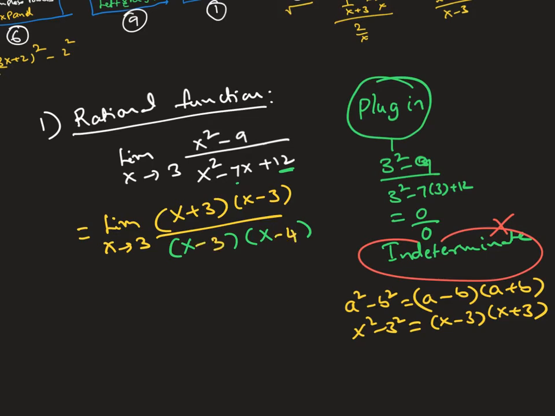Negative 3, negative 4. And see if we can cancel any of those. x minus 3 cancels out. Then I will be left with this. Plug in. Now that would be your answer.